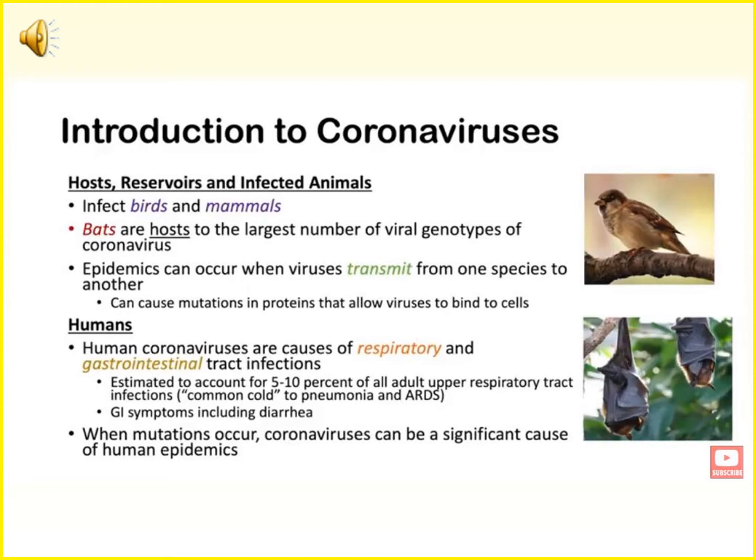Also, some coronavirus can cause GIT symptoms, including diarrhea. When mutation occurs, coronaviruses can be a significant cause of human epidemics. This mutation can occur when coronaviruses transmitted from one species to another, or maybe an entirely new coronaviruses formed.